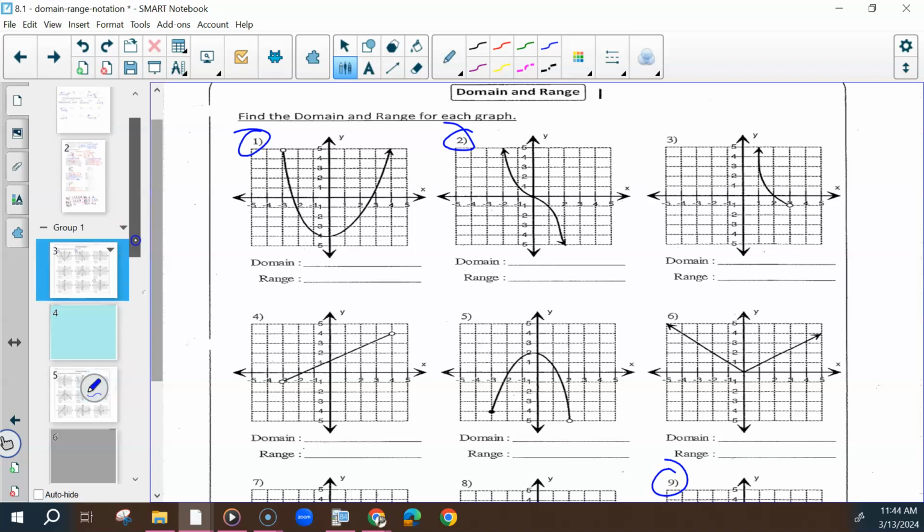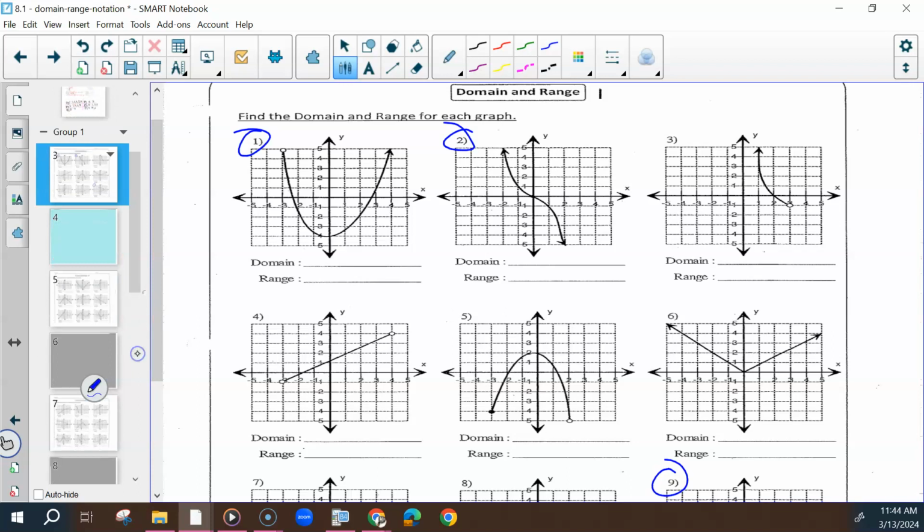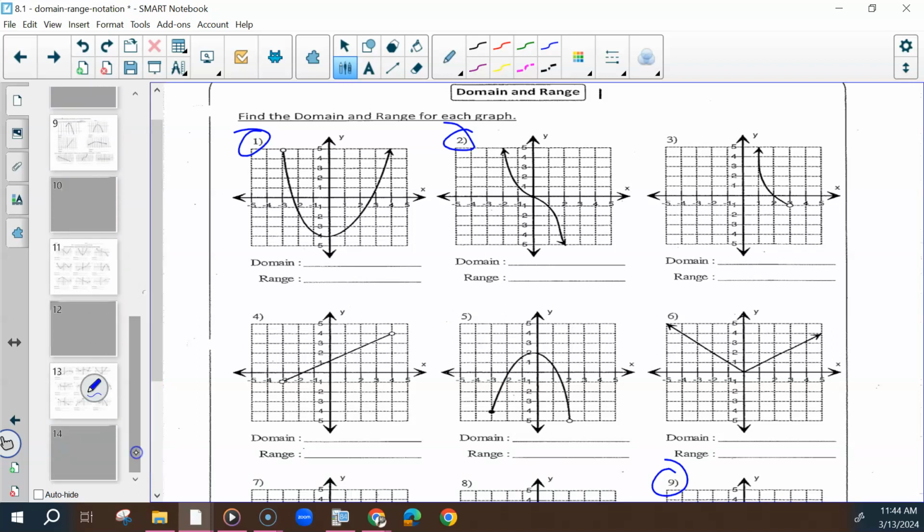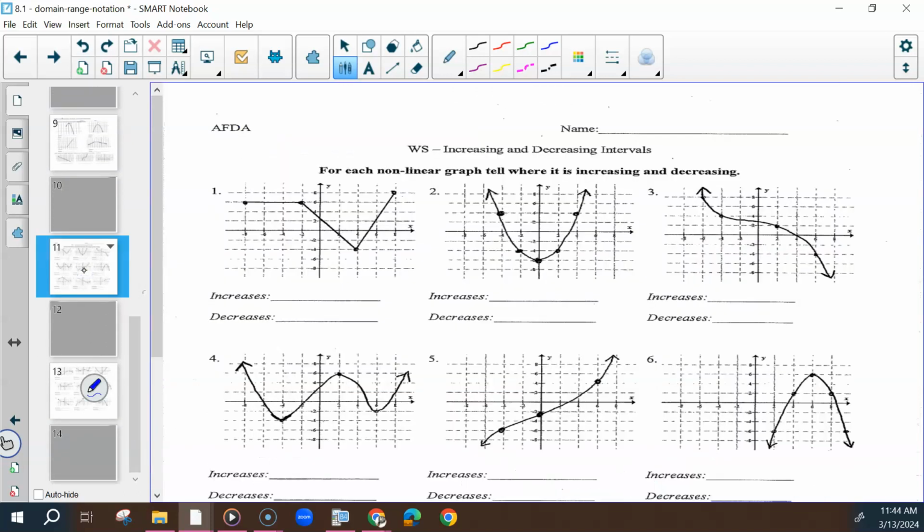And then on the last page, not the back of the last page, but the front that looks like this, I want you to try 1 and 2.